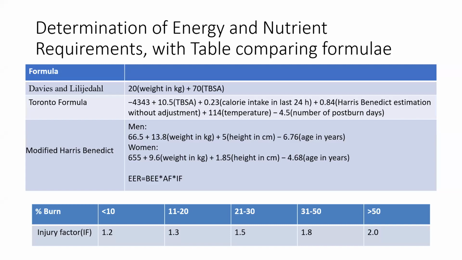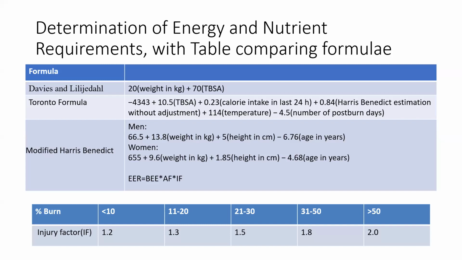So now we'll go on to determine the energy and nutrient requirements. Below here we have a number of formulas. What we need to appreciate is that indirect calorimetry is the gold standard for the measurement of energy expenditure. But in our current setup here in Kenya, it's not feasible or very practical to be done.